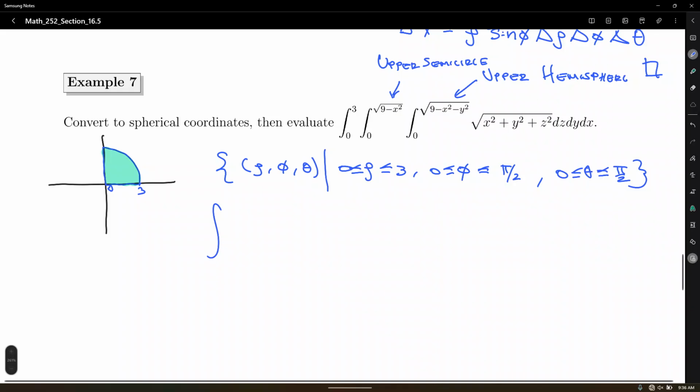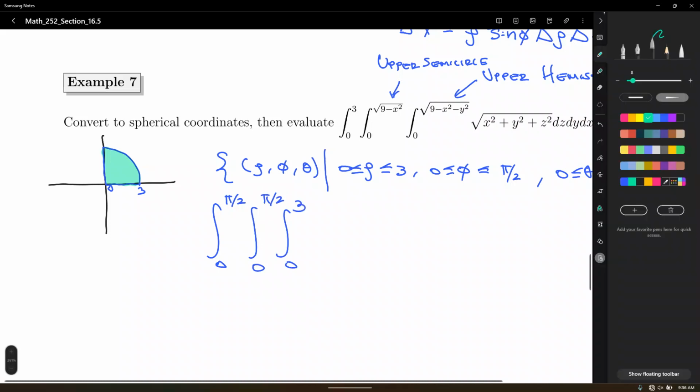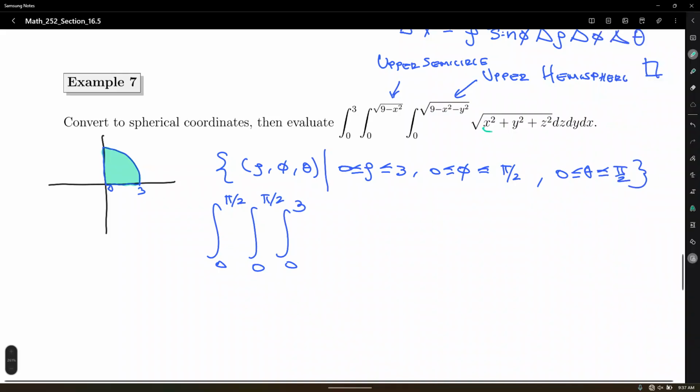Check this out. The integral from 0 to pi over 2, the integral from 0 to another pi over 2, and the integral from 0 to 3. Okay, hold on. What is x squared plus y squared plus z squared in spherical coordinates equal to? Rho squared.